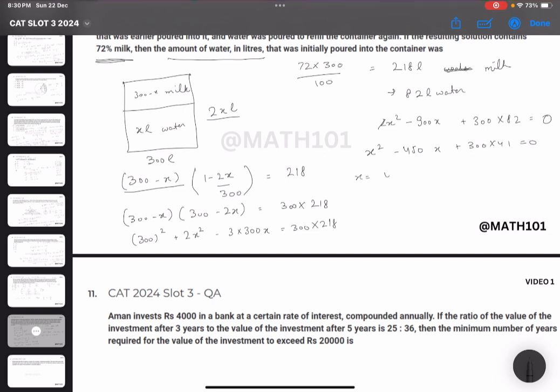So x equals 450 plus minus the square root of 450 square minus 4 into 300 into 41, divided by 2.